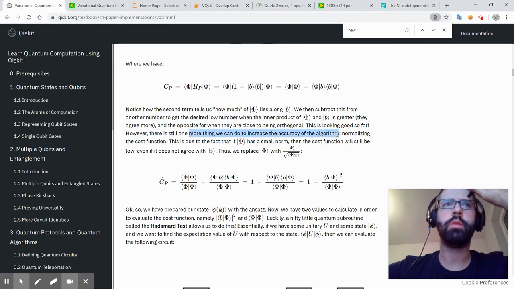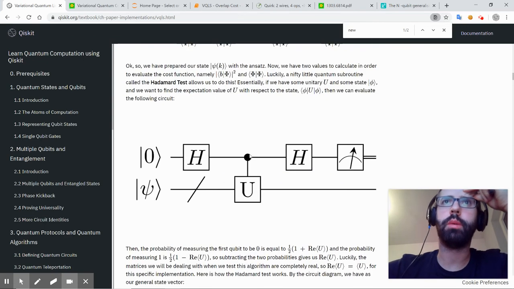The curious normalizing of the cost function is due to the fact that if this has a small norm, then the cost function will still be low, even if it does not agree with B. But if you just calculate the overlap, why do you care about these?